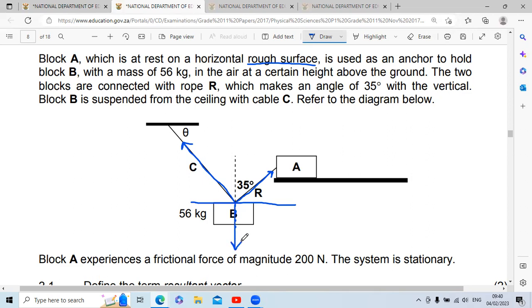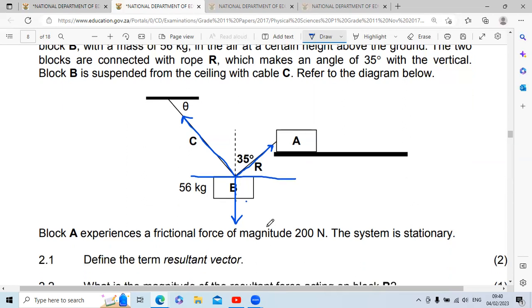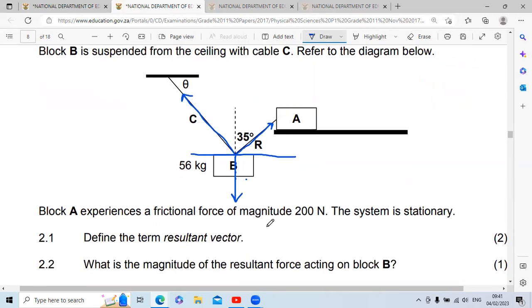So we're going to have another vector pointing downwards on B. So basically, this is the free body diagram of B. You understand that part? Yes, sir.